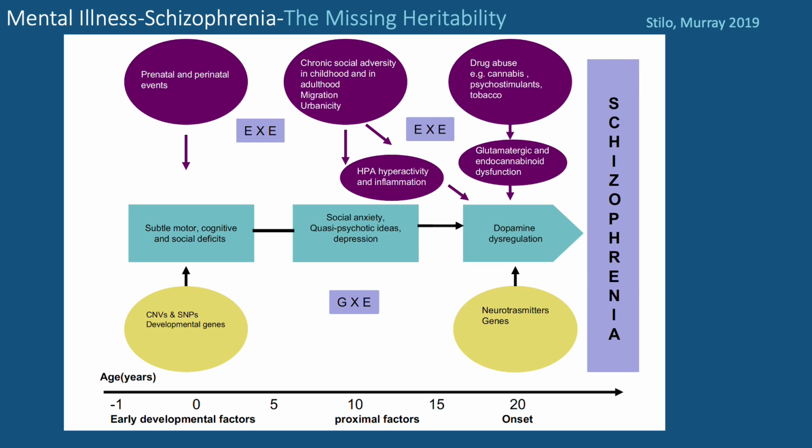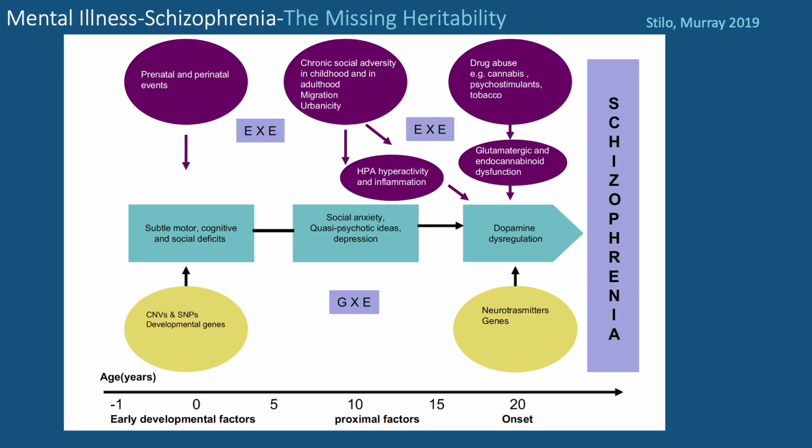Now, if we look at this cartoon from a paper published in 2019, we can try to understand what the contributions of the environment and the genetics to schizophrenia are. On the x-axis, we see age.